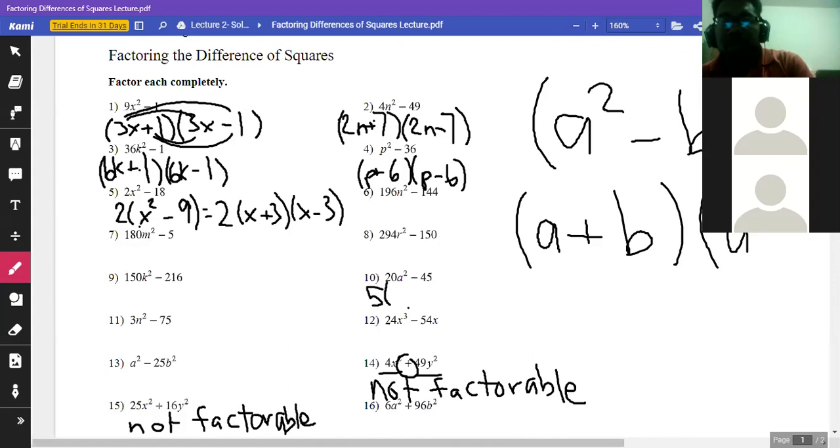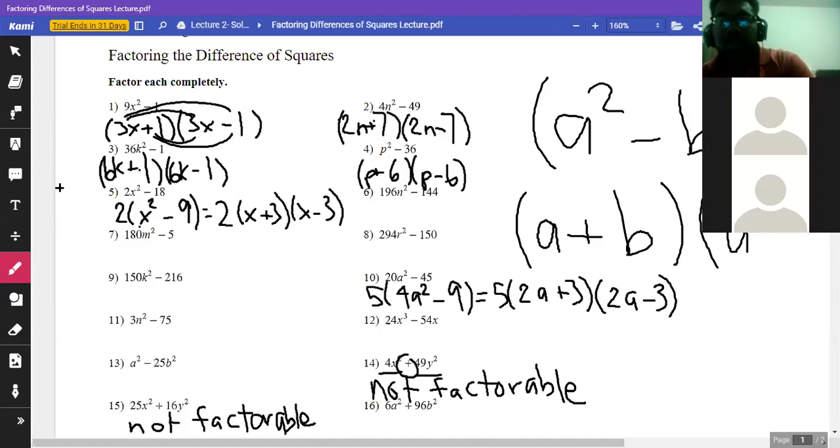And that's going to leave me with 4a squared minus 9, which I could then factor to be 5 times 2a plus 3 times 2a minus 3. All right, does anyone have any questions on factoring differences of squares?